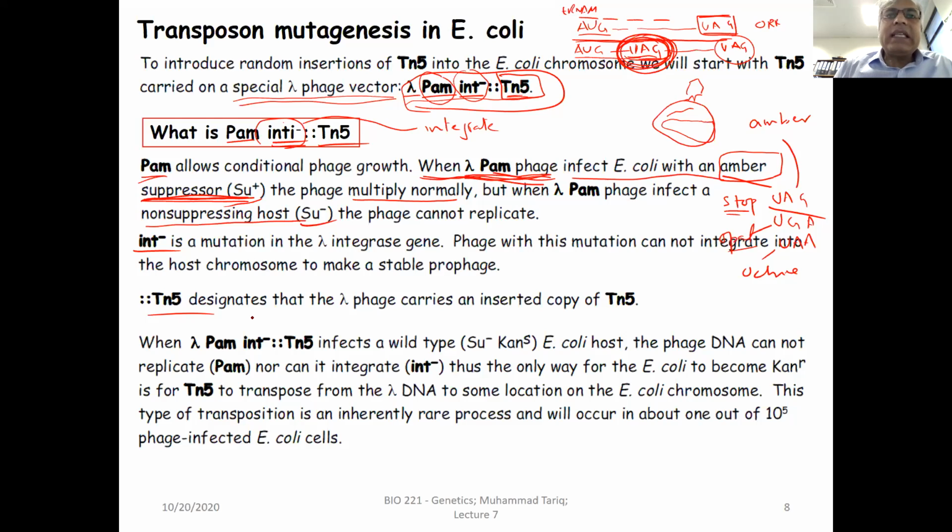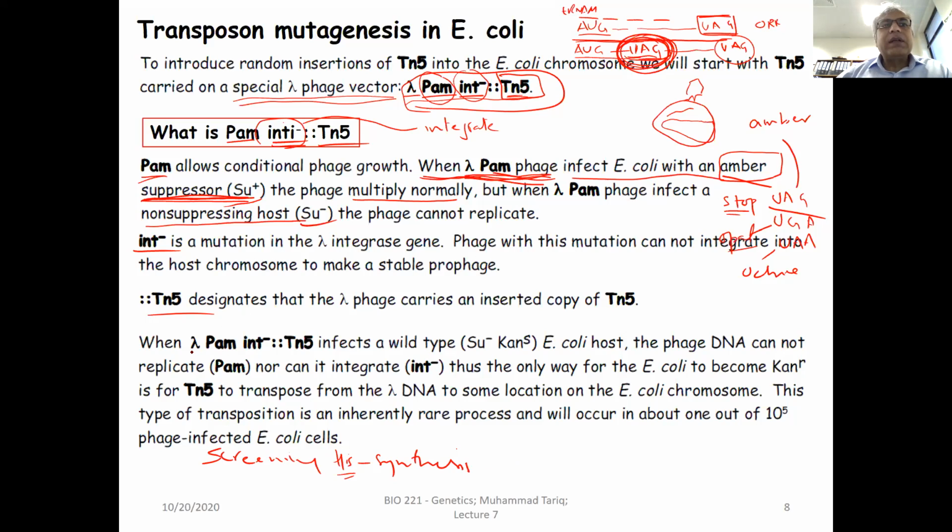So let's say we are interested in screening bacteria for, in the yeast we also did, histidine synthesis. So let's say we are doing histidine synthesis in bacteria. You are interested in genes which are involved in the histidine biosynthetic pathway.